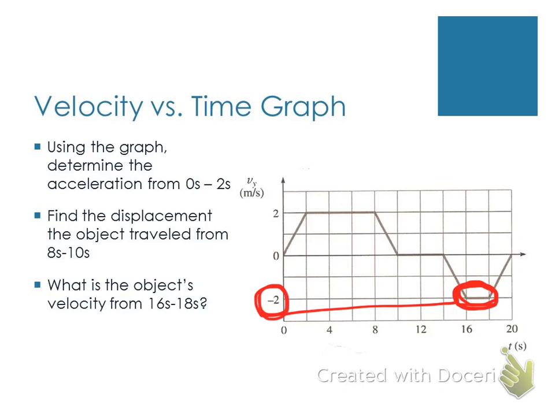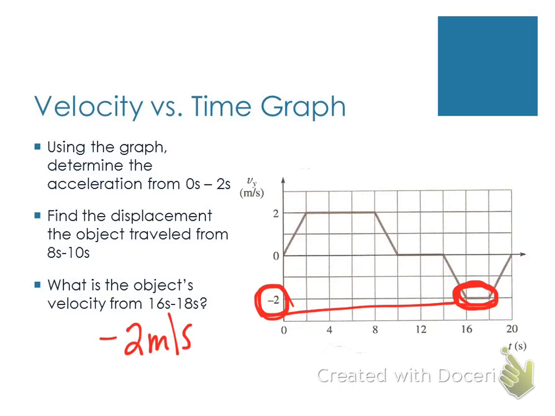We're going to go read what that line is on the graph. So we don't have to do any math here. Velocity from 16 to 18 seconds is negative 2 meters per second. That's it. Negative 2 meters per second. Because it's moving at constant velocity, we can tell that.